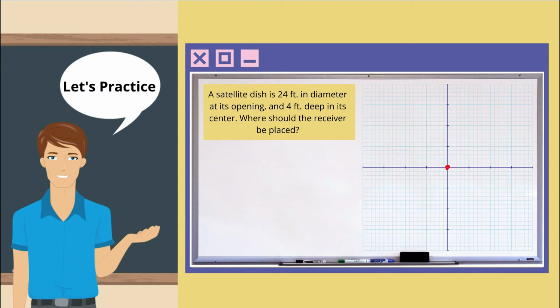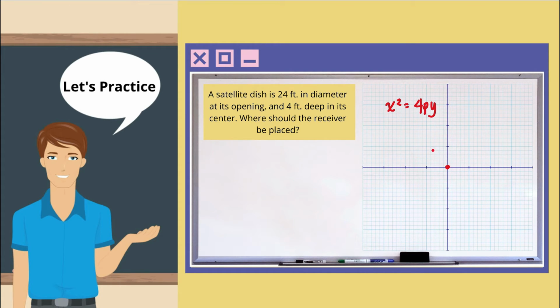Place the center of our satellite dish on the origin so that it would represent the vertex of the parabola. We can also let the opening of our parabola be upward so that we would only be using the equation x squared equals 4py.